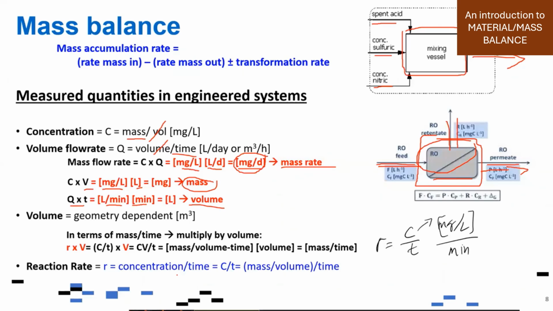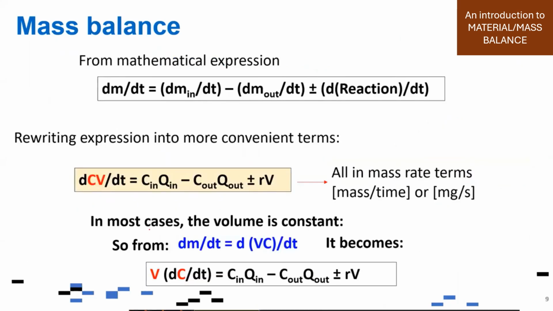The reaction rate is always a positive value, but the amount is decreasing if it is decaying matter. If it's producing, then it has to increase as well. With that, we can rewrite this expression.